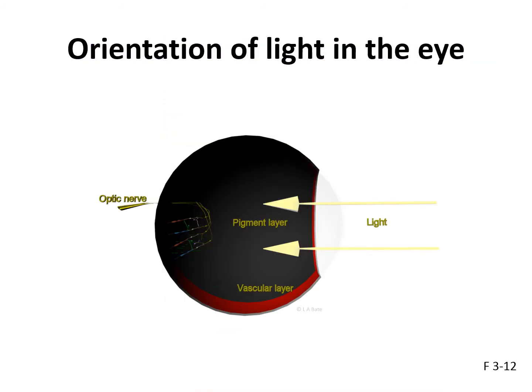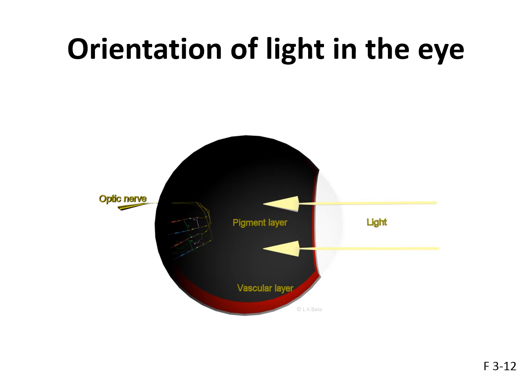In this image, we can see all the above mentioned layers in the eye. The light enters the eye through the pupil and first encounters the ganglion layer, then the interneurons, and finally reaches the photoreceptors. All of these are facing the pigmented layer, which is sitting on top of the vascular layer.